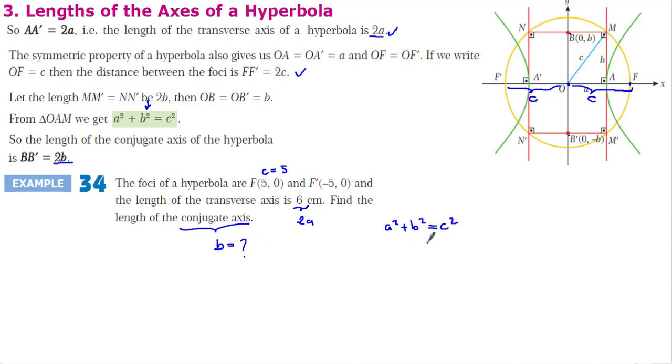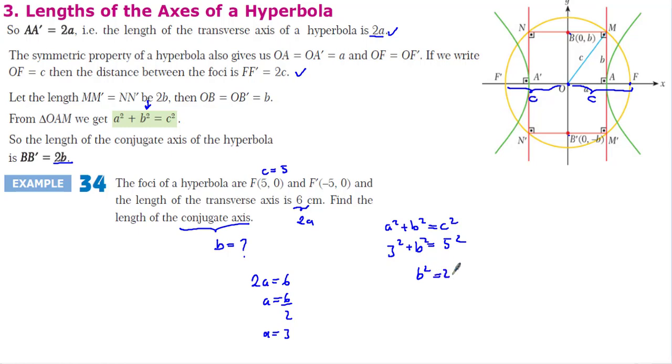C is equal to 5, so c squared is 5 squared. B we don't know, it's b squared, and our aim is to find b. 2a is equal to 6, so a is equal to 6 over 2, which is 3. So a squared is 3 squared. 3 squared plus b squared is equal to 5 squared.